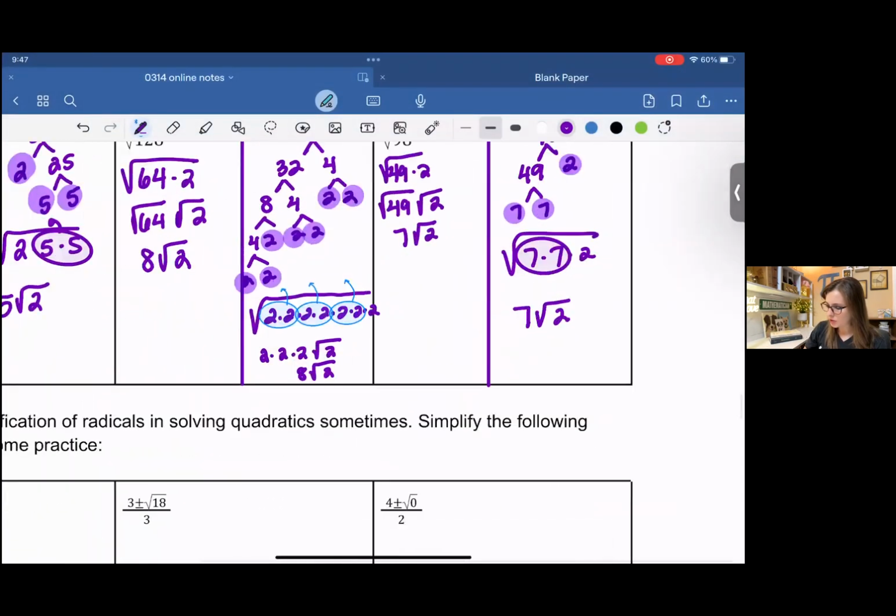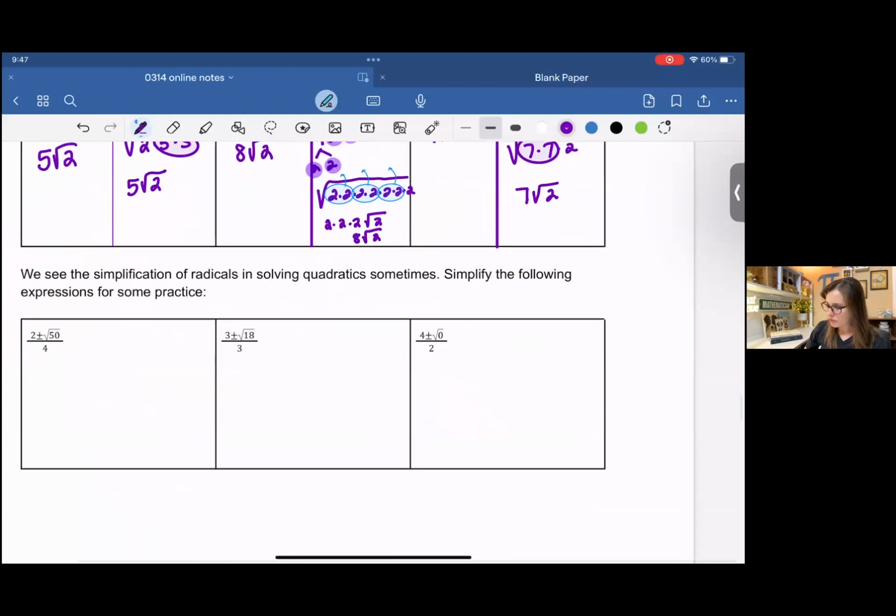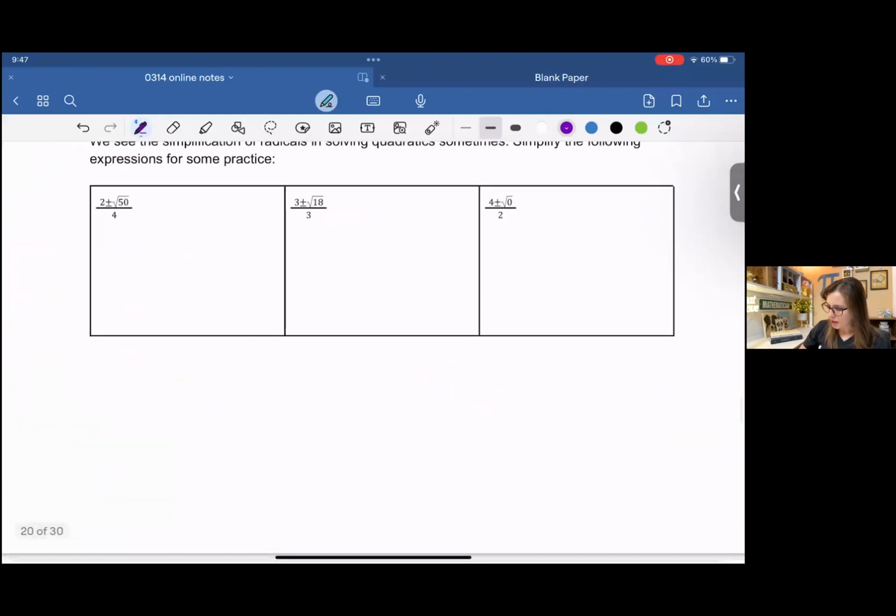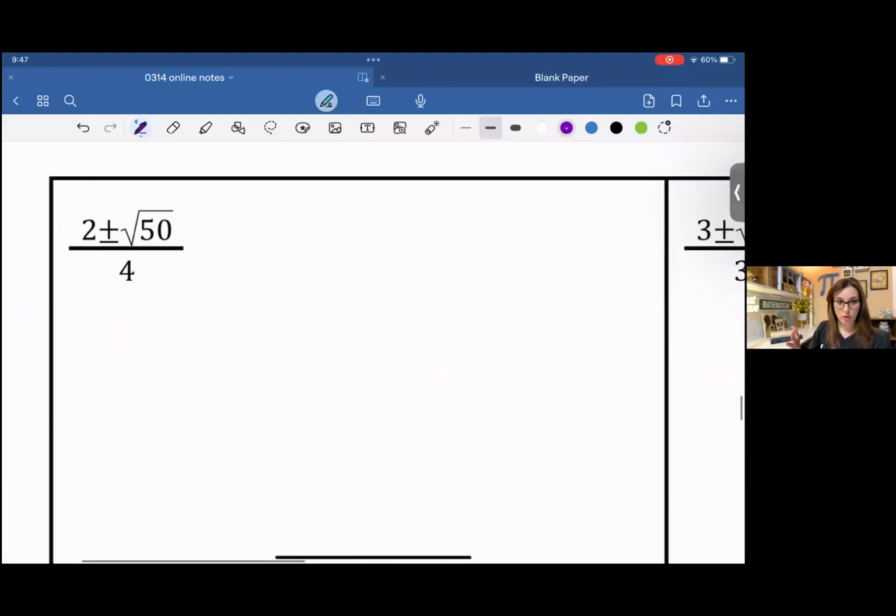I have a couple examples down here since I promised that this relates to the quadratic formula. This would be an example of once you simplify your quadratic formula, maybe it looks like this. And it's saying it wants your solution in a completely simplified form, no decimals.